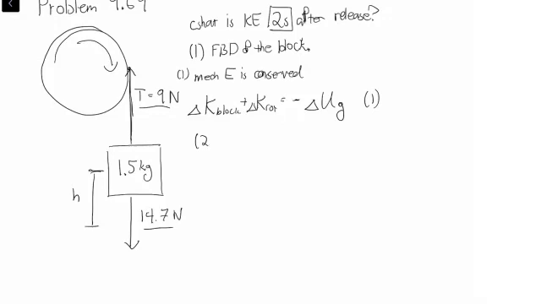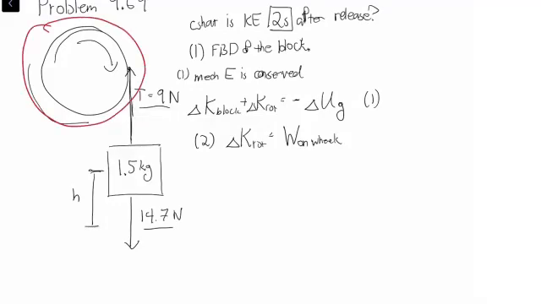A second way is the work kinetic energy theorem. If we just consider the wheel, the work done by tension is delta K of the wheel.